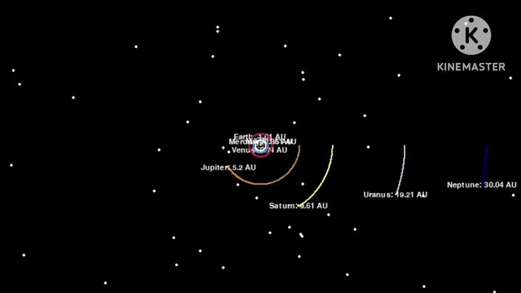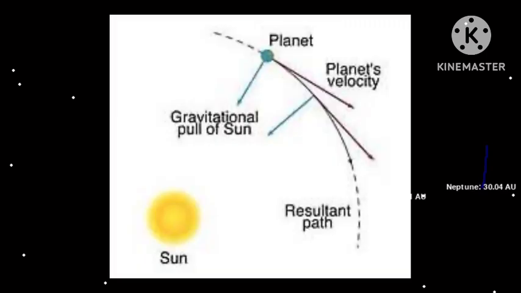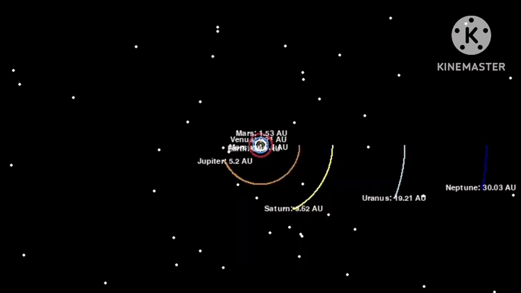forces. One important aspect of our simulation is the use of Newton's law of universal gravitation. This law states that every point mass interacts with every other point mass by a force acting along the line intersecting both points. The force is proportional to the product of the two masses and inversely proportional to the square of the distance between them.